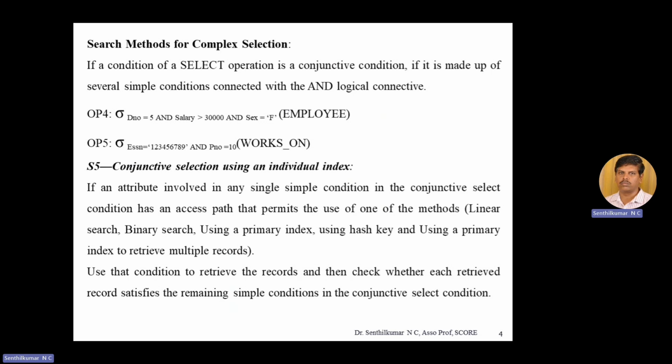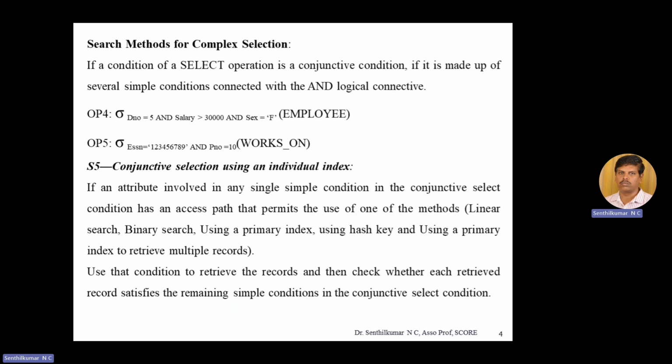So one particular row contains all these three values: department number equal to 5, salary greater than 30,000, and sex equal to F. So that corresponding record pointer will be available in all three sets. The first set contains the record pointers of department number equal to 5, the second set contains the record pointers of salary greater than 30,000, and the third set contains the record pointers of sex equal to F. So if one particular tuple has these three values, that tuple's record pointer will be available in all three sets.